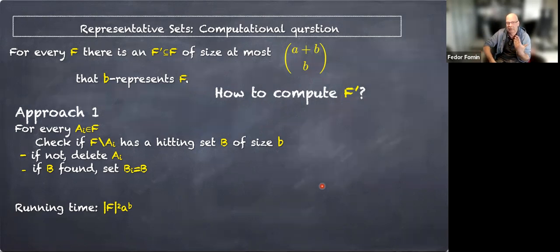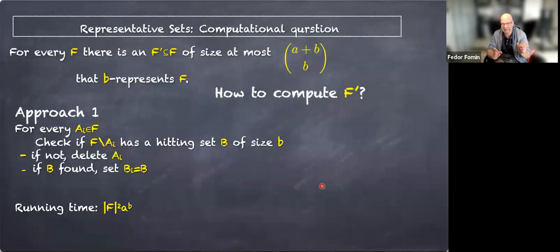So I just go through all sets in the family. I take the set A_i, and I want to decide if I want to keep the set A_i in the representative family, or just forget about it, throw it away.